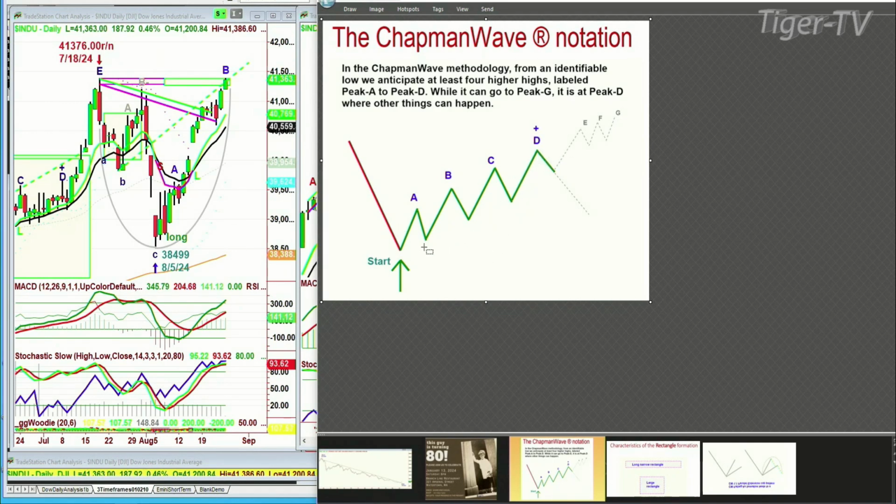If after peak A, it crosses that peak A and starts leg B, remember these are floating letters, they become peaks when in fact there's a reversal down. When the core pattern is upgraded from a buy signal to a buy mode, the implication in the Chapman wave methodology is that there should be at least 4 higher peaks to come, at least.